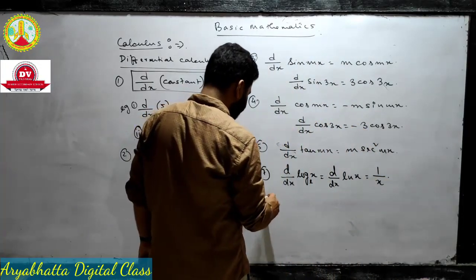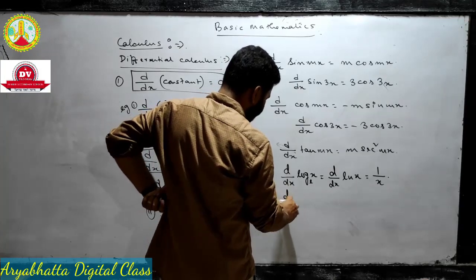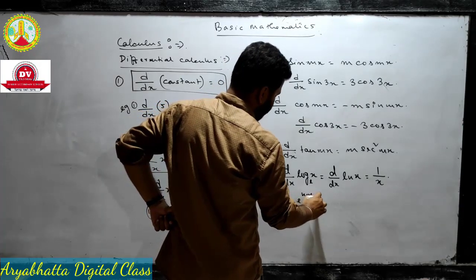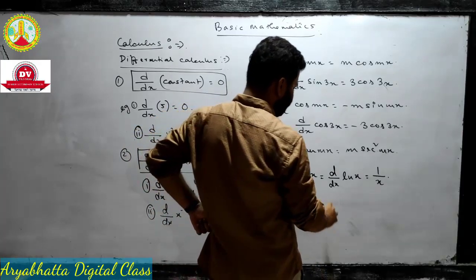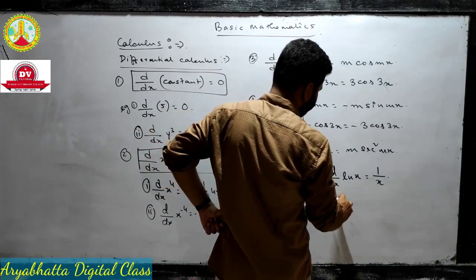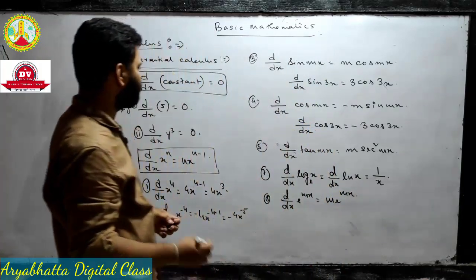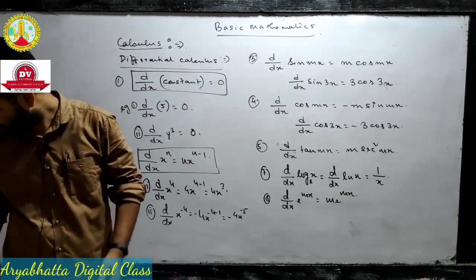Number 8, d/dx of e to the power mx, where m is a constant, is m e to the power mx.